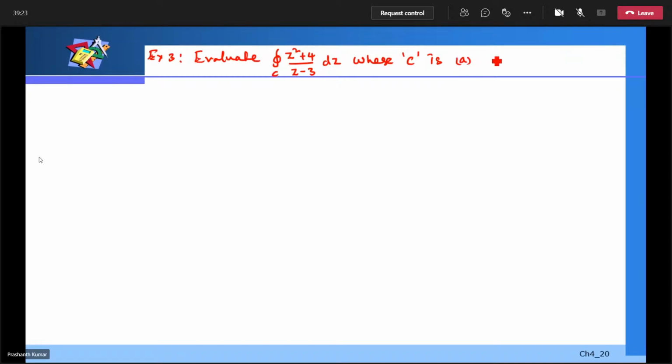First A: mod z is equal to 5. B: mod z is equal to 2.